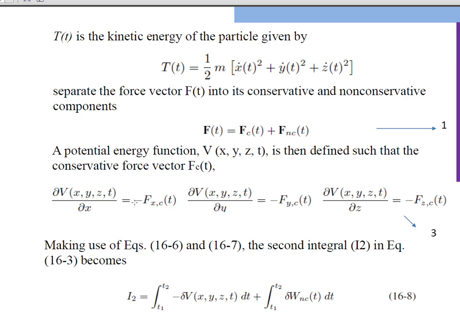The conservative force in the x direction is minus del V by del x of x y z t, which is nothing but the force in the x direction, conservative, of t.